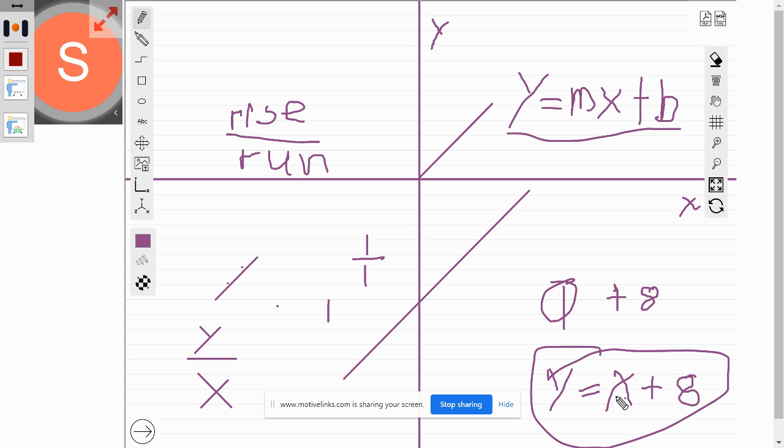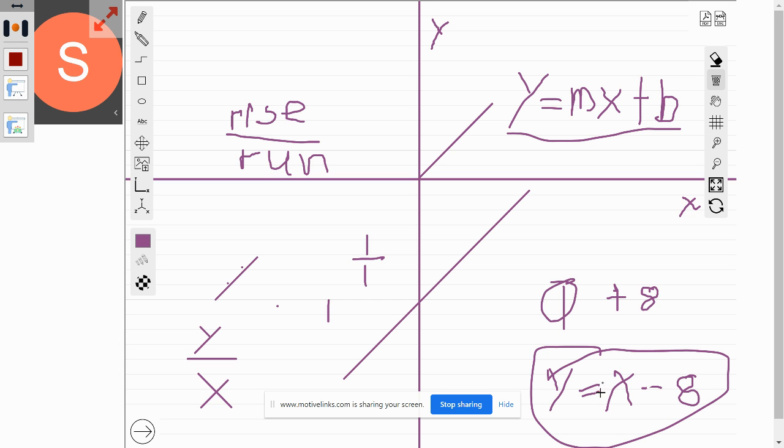And same way, guys, now if we have this equation, a small one. Now, we have this equation. How would we graph this? So first, we take the slope.